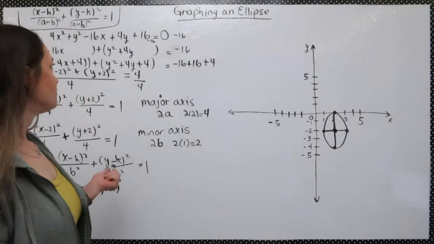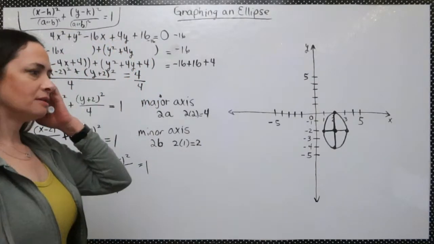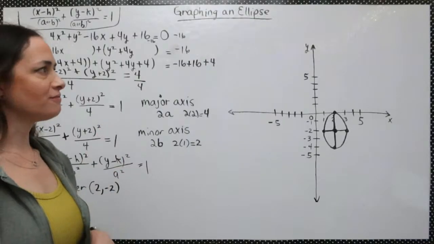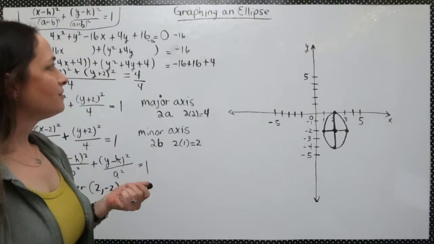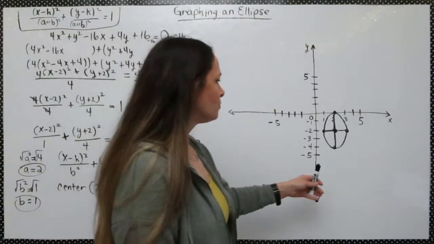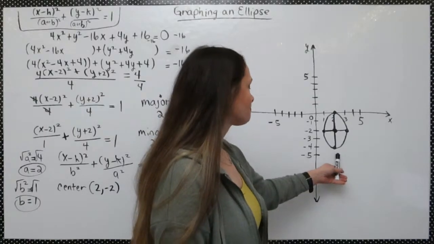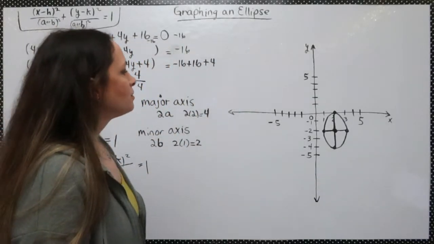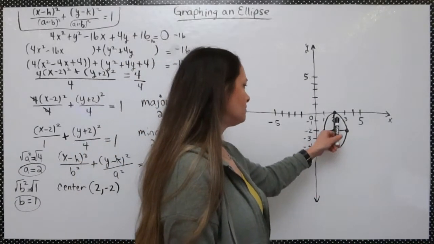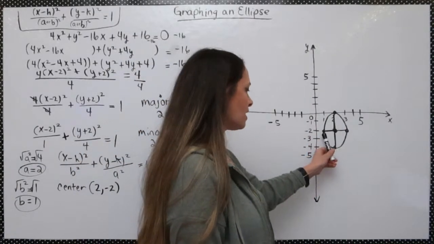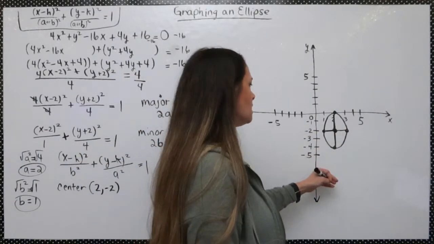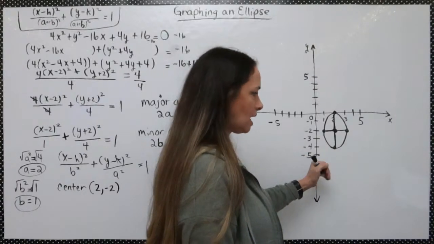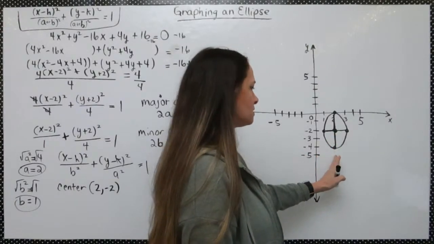Reflecting on yesterday's graph, the graphing of the vertical oriented ellipse. We noticed that there's a major axis and a minor axis, these two chords that intersect at the center of the ellipse.